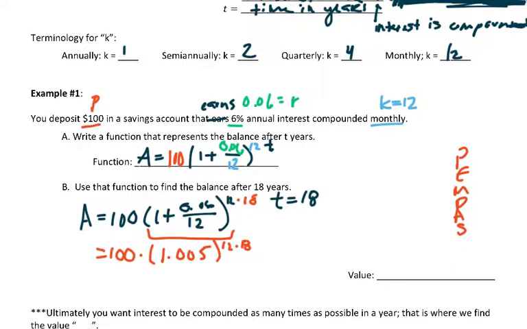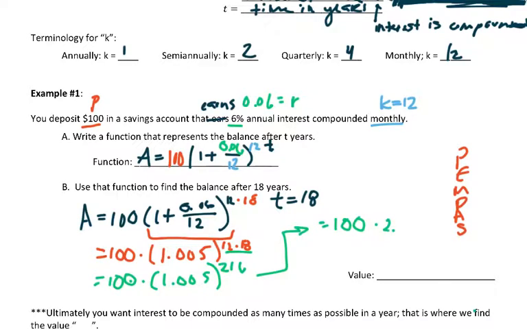Then we would need to do our exponents. So of course first I want to rewrite this 12 times 18 so that it's actually just a digit. So 12 times 18, bringing that to the power of 216. And so then if we actually evaluate that exponent, we're going to end up with 100 times 1.005 to the 216, which is actually 2.9368.